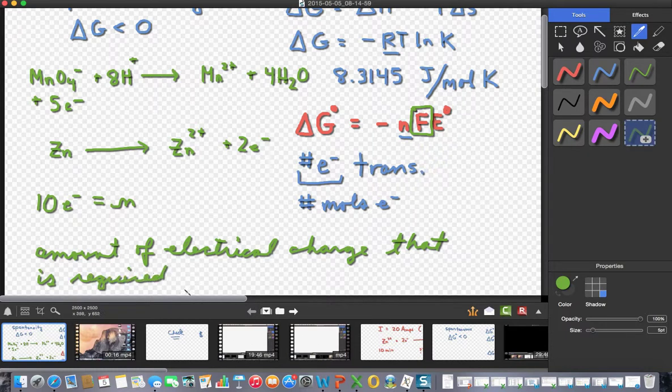Usually this deals with the reduction of a mole of electrons.